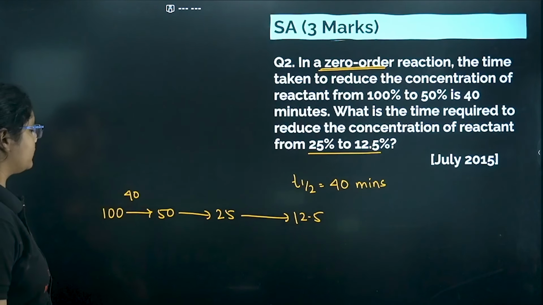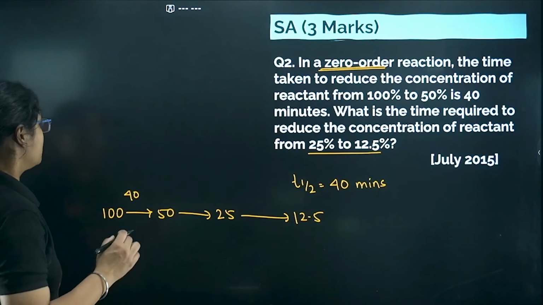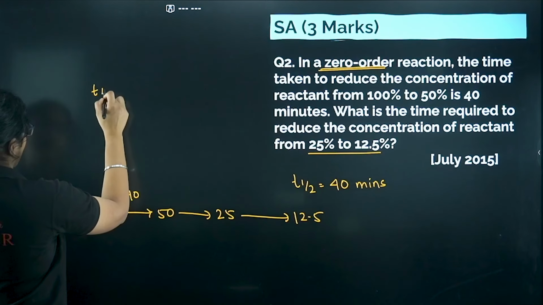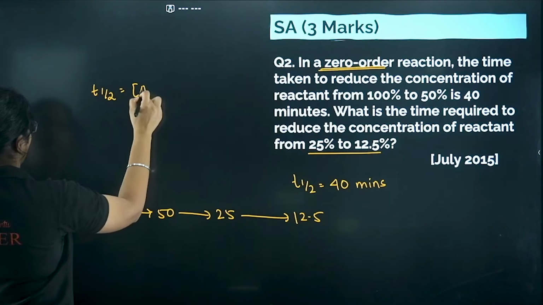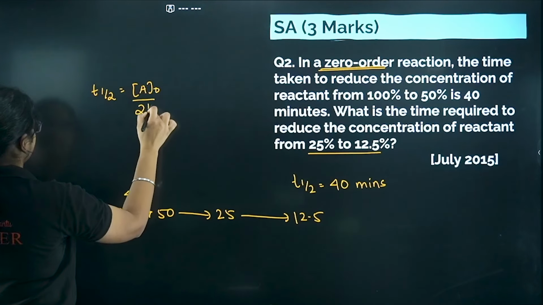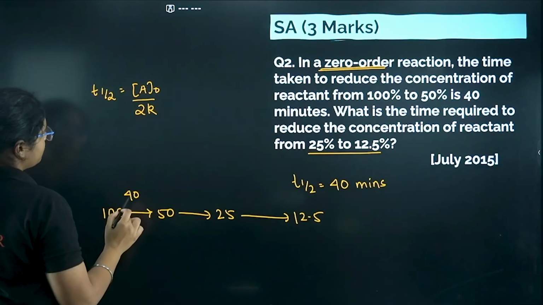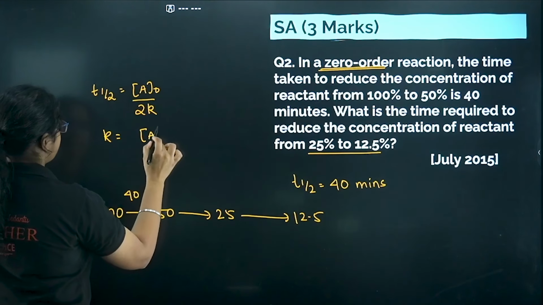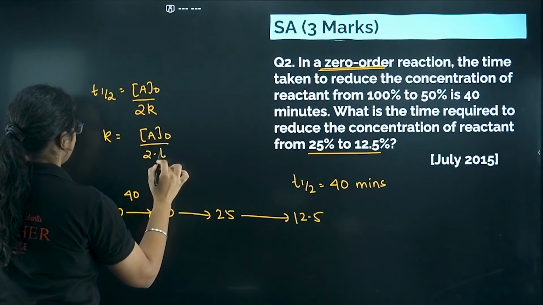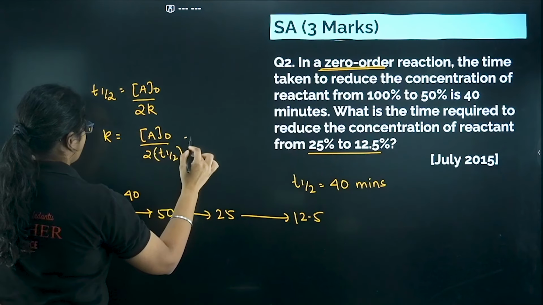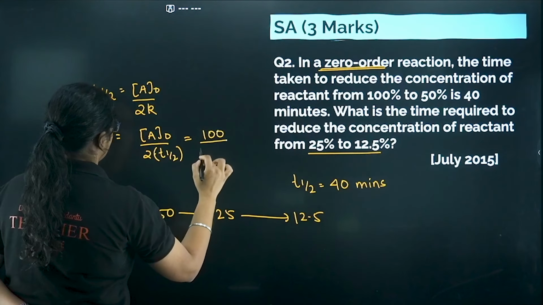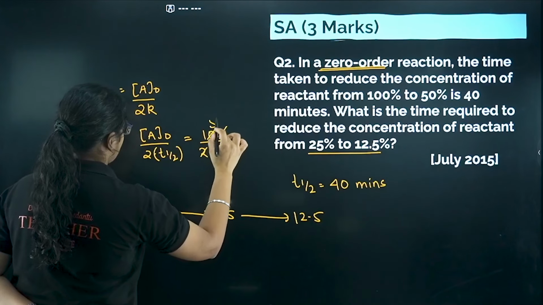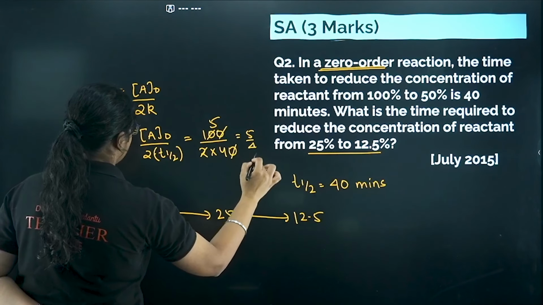Now what can we calculate here? We have this formula: T half is equal to A naught by 2k. I can find the value of k, that is A naught by 2 into T half. A naught is 100, T half is 40, so I will get k value is 5 by 4.